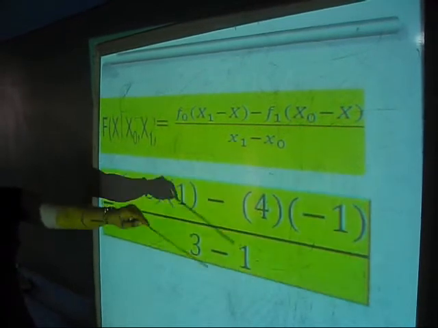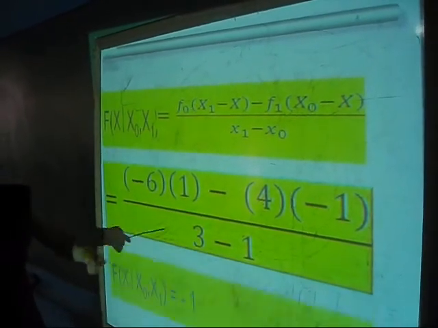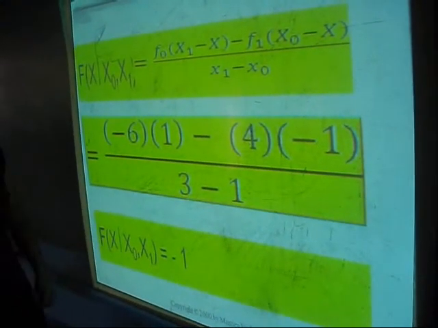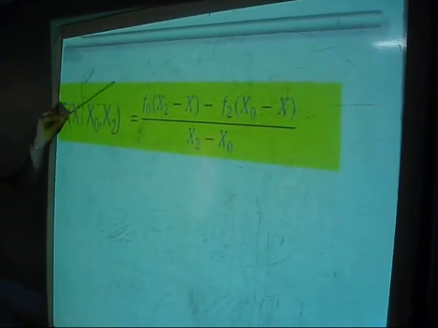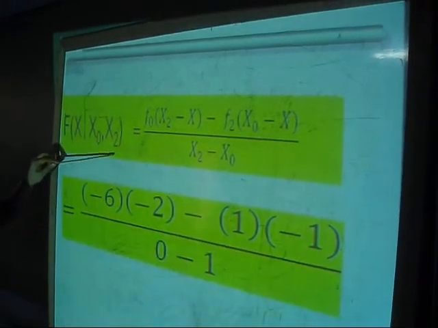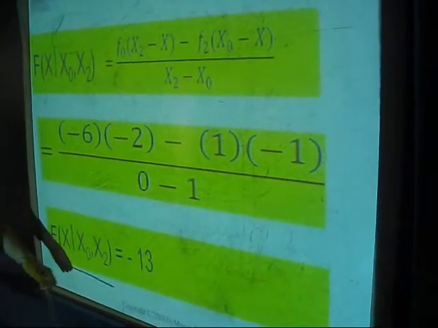And then we just need to substitute the given values in the formula, and this will result to -1. Again, applying the formula and substituting the given values in the equation, that would result to -13.